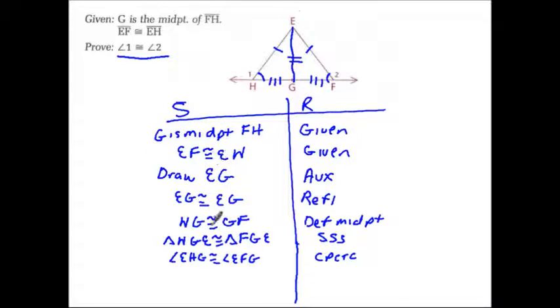Now, let's start with our supplementaries. Angle 1 is supplementary to angle EHG. For my reason: if two angles form a straight angle, they are supplementary.